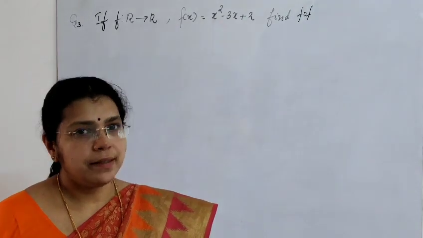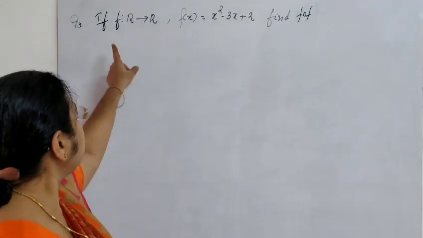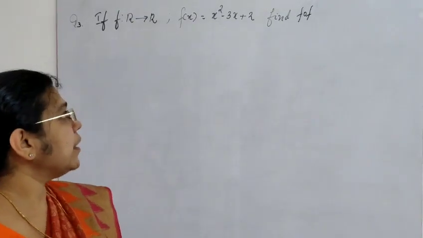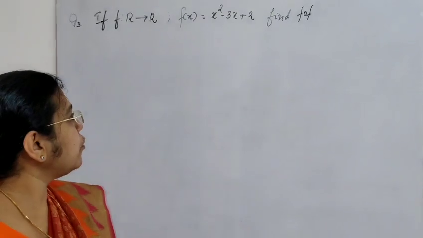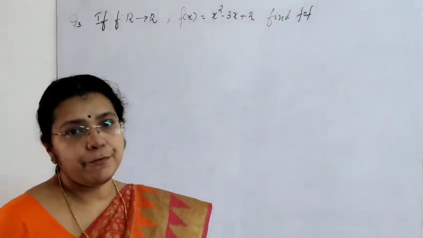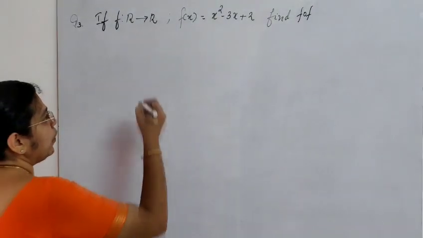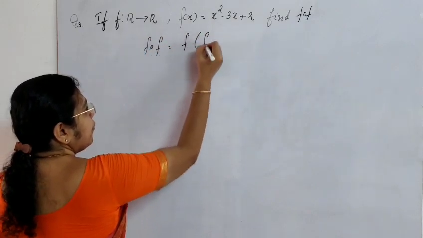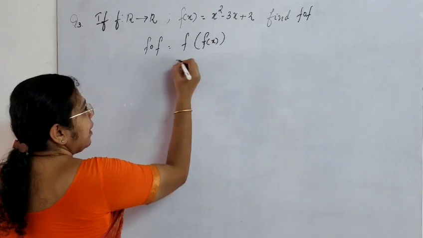Now let's see another example. Here the question is, let f be a function from R to R, given f of x is equal to x square minus 3x plus 2. You are asked to find f of f. What does f of f mean? It is the same as f of f of x.